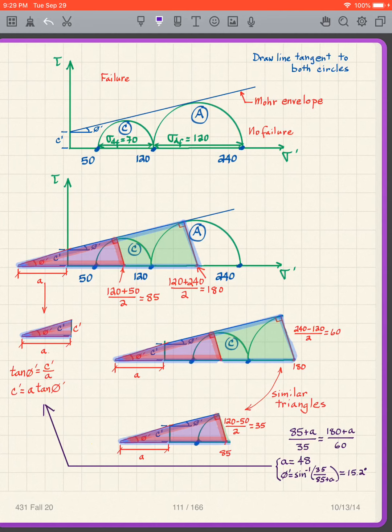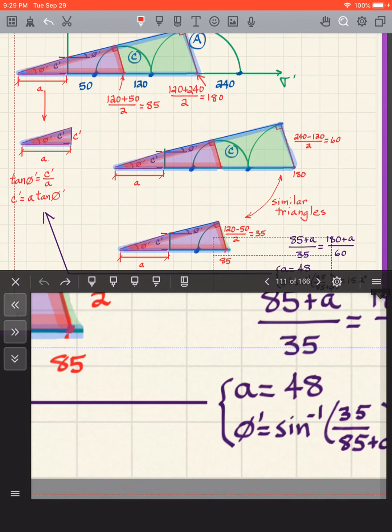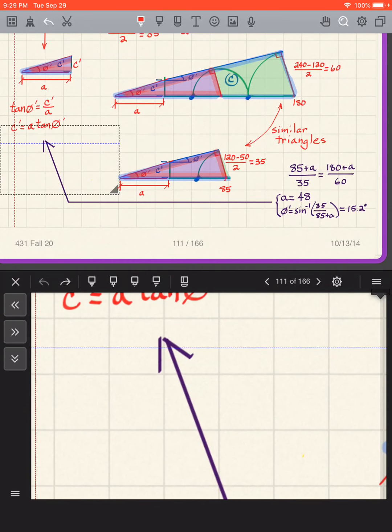So we have that, so that means that C prime is going to be 48 times the tangent of 15.2, and so we get C prime is equal to 13.0.